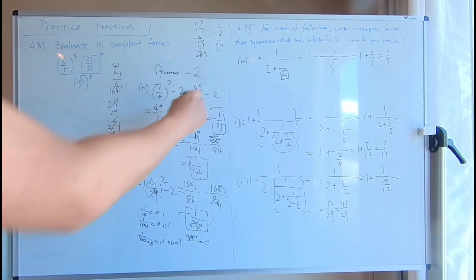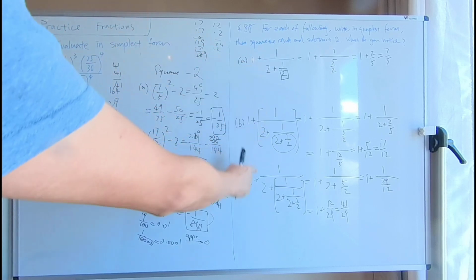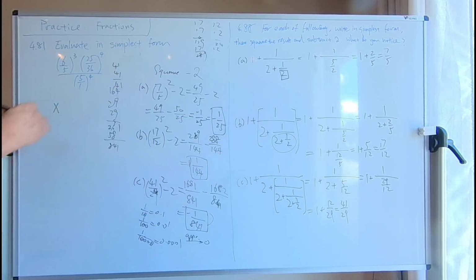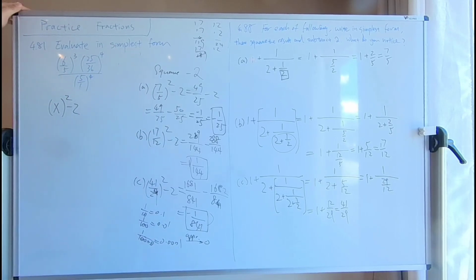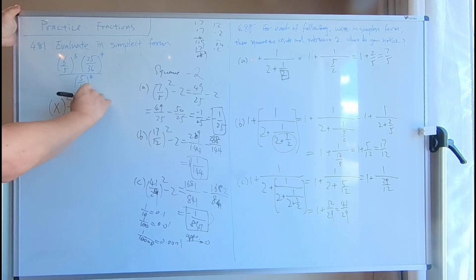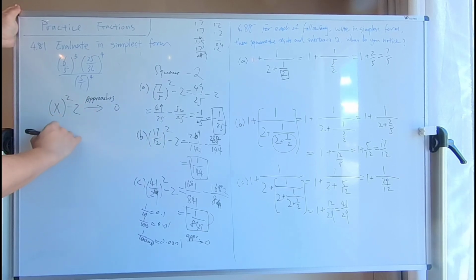So this means, let me use the symbol x to denote the outcome of this series or this sequence. Then the square of this outcome minus 2, I'm not going to say equal. This will be a very important concept in the future when you start learning calculus. It's not equal, but it approaches 0. So if this approaches 0, that means x squared approaches 2.